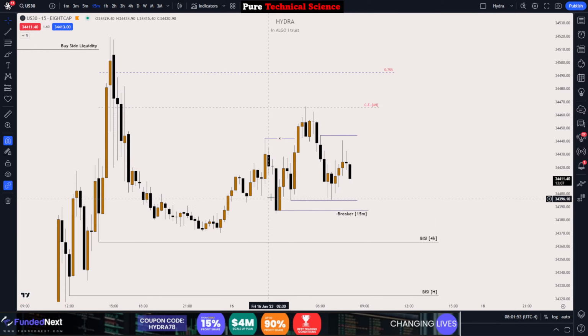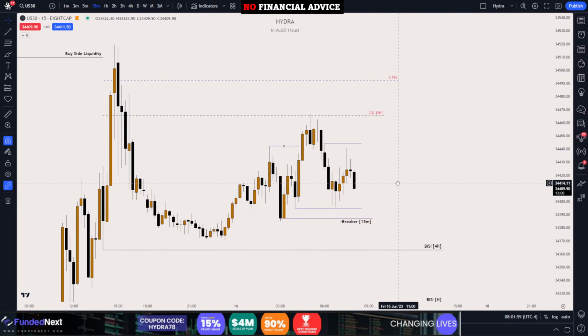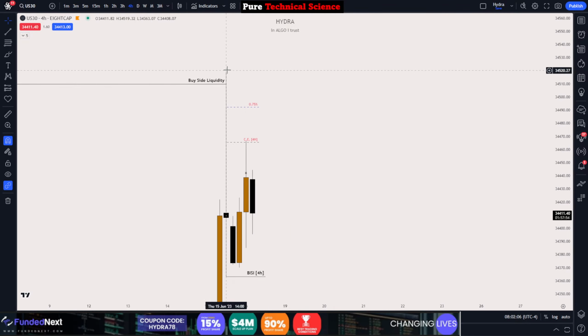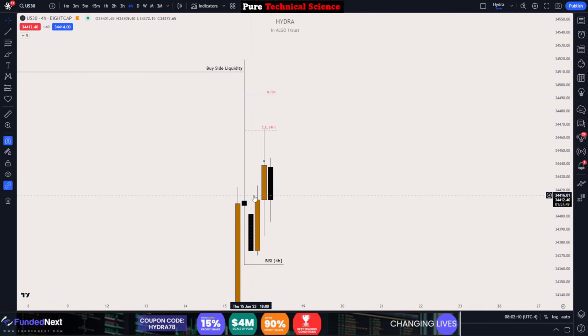After the consolidation, price expanded higher, hit the discount PD area here, and then dropped sharply towards the sell side liquidity. If I go into the higher time frame, like 4 hour, what do you guys see here? It's a big wick, right? Whenever we see a big wick, we measure it by using the gun box like this.